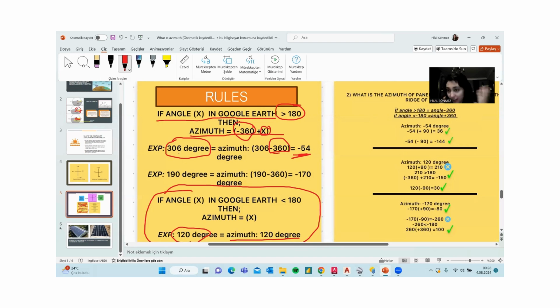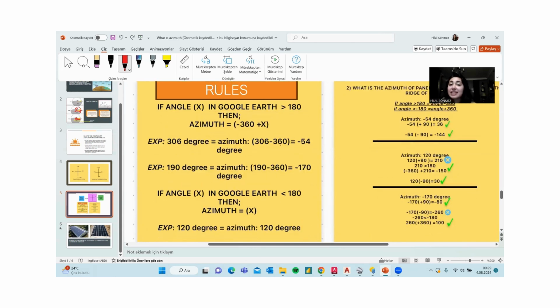Another example: say we get 190 degrees for the azimuth of our roof in Google Earth. This angle is greater than 180 degrees, so we subtract 360 degrees from it, and we get minus 170 degrees as the azimuth of the building in Pvsyst.